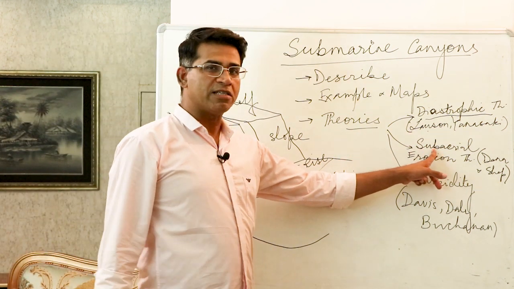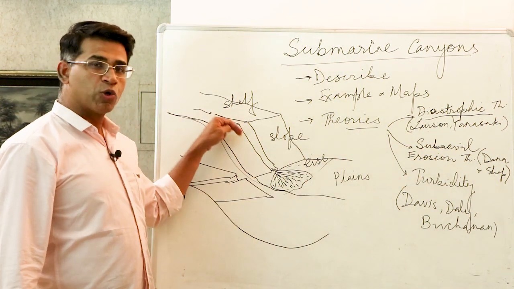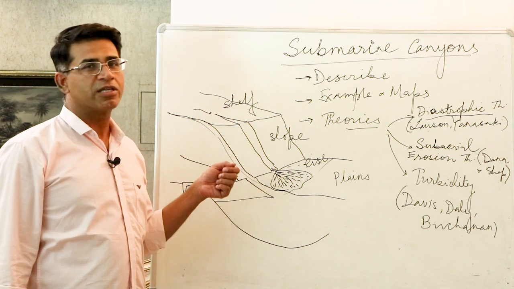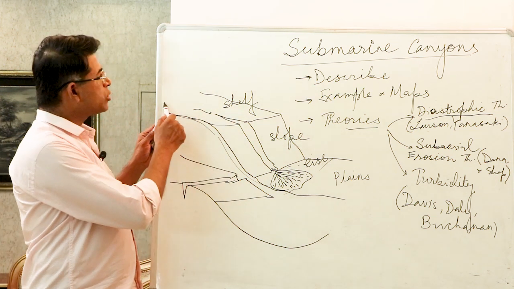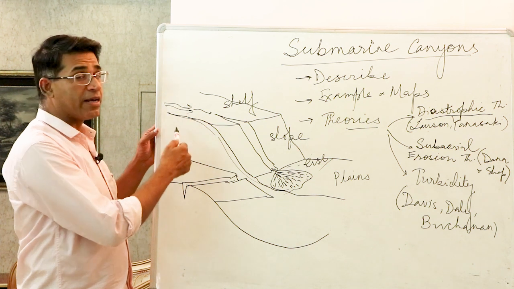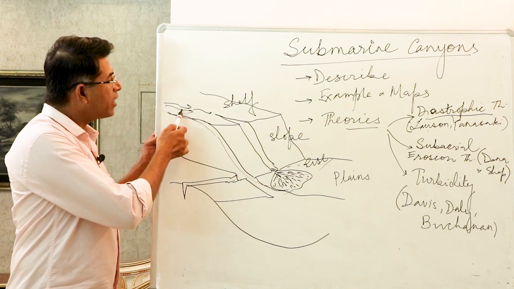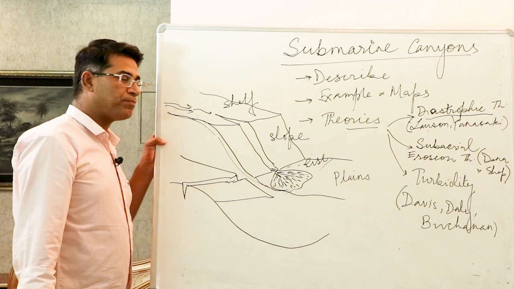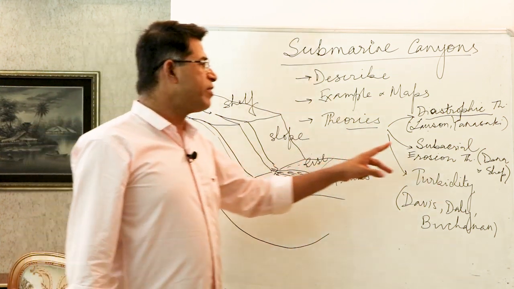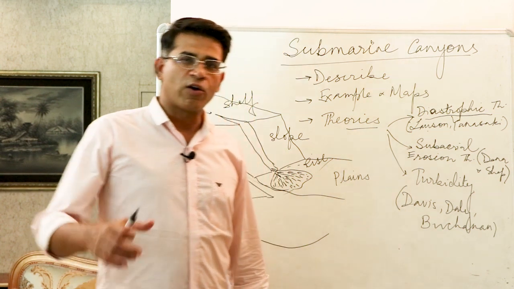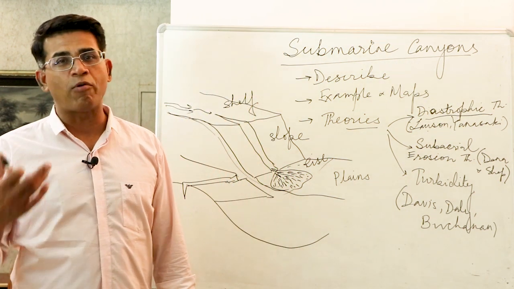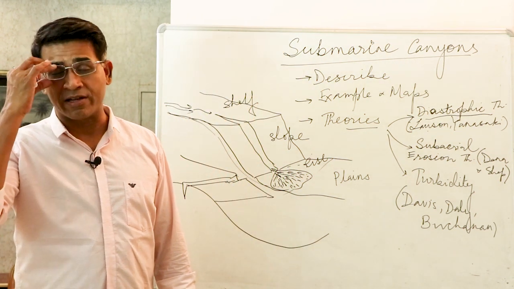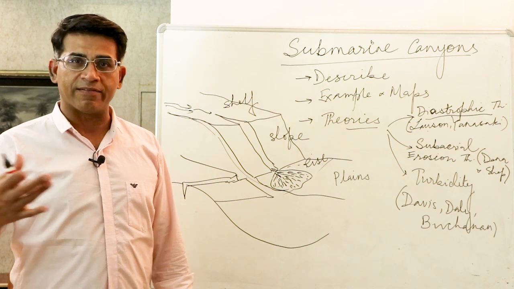Subaerial erosion says that this is erosion by rivers and glaciers, as this is where the rivers and glaciers terminate, and they start eroding and they carve out a deep valley like a canyon. The problem with this theory is that if I go by the Davis model, it's impossible for a glacier or a river to erode below the base level.